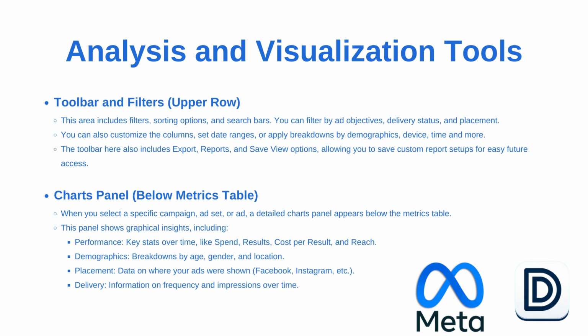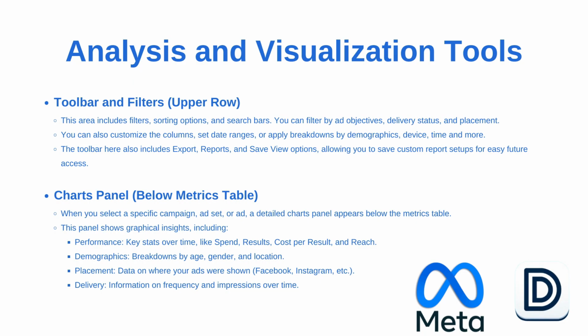The toolbar here also includes export, reports, and save view options, allowing you to save custom report setups for easy future access. And yes, later on, we're going to cover all of that in greater detail. I just want to let you know where you can find all of these things.